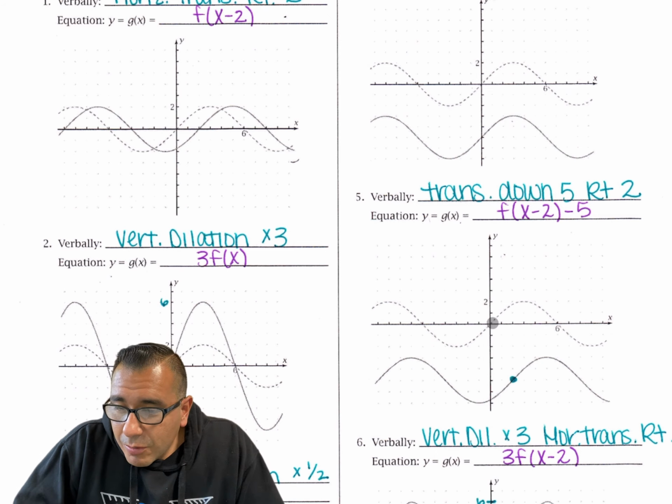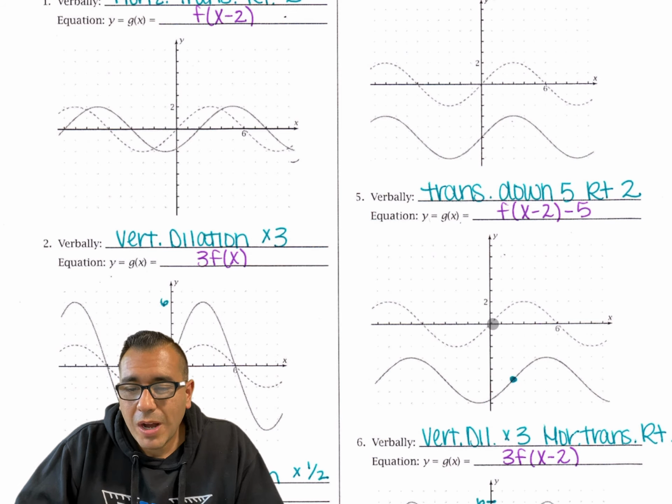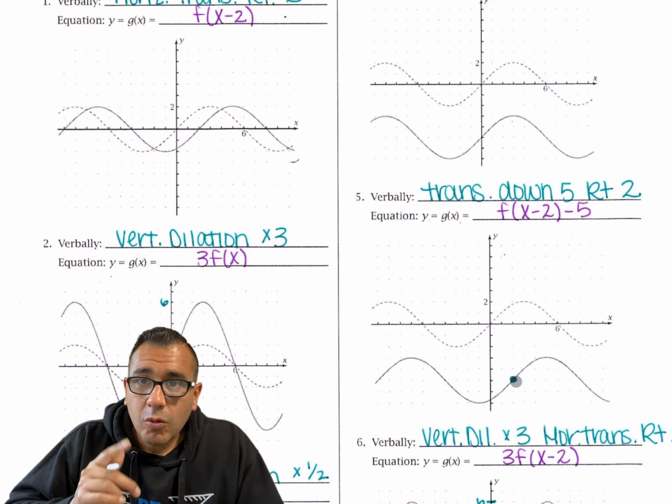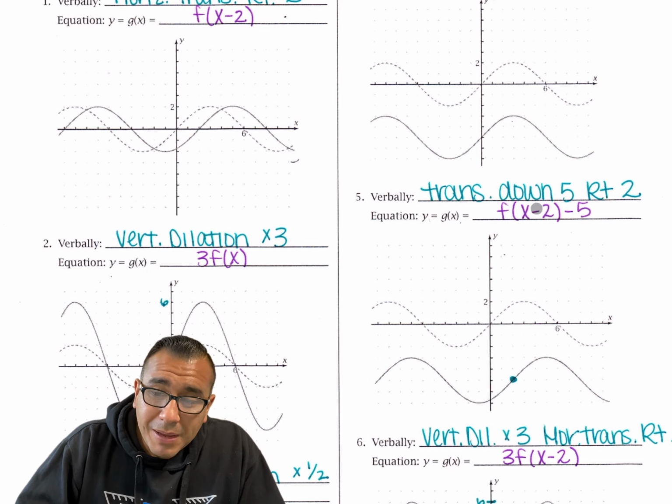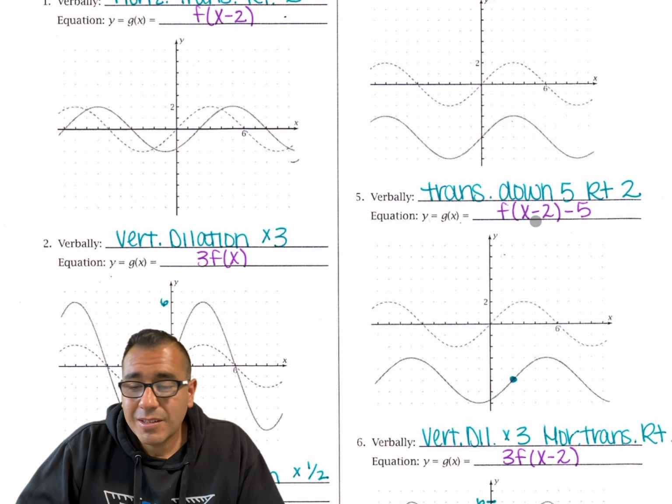It got moved to the right 1, 2 units, right? Pretend this was a piece of wire, and to lay it on top of this other piece of wire, I'd physically pick this up and move it right 2 units, and then down 1, 2, 3, 4, 5 units. Because I moved it to the right, remember what that impacts: what's inside of the parentheses.